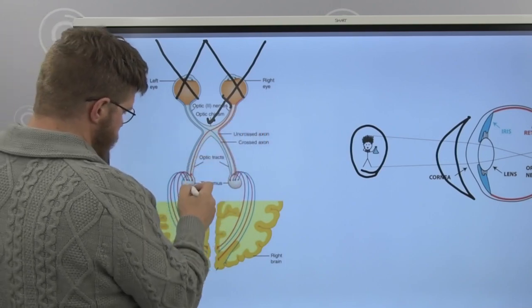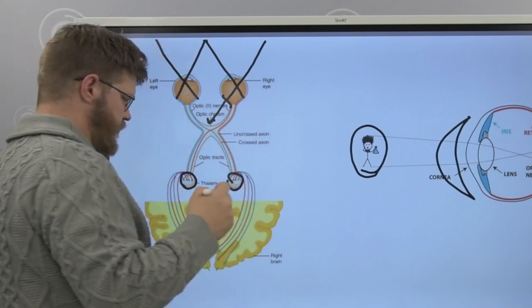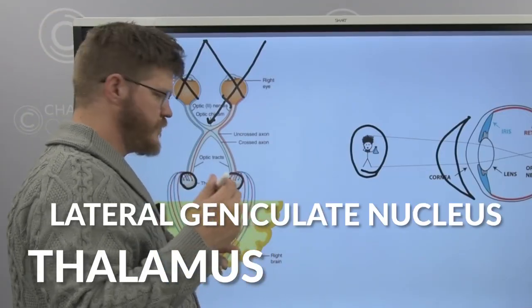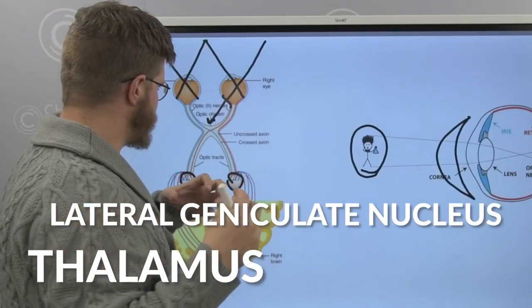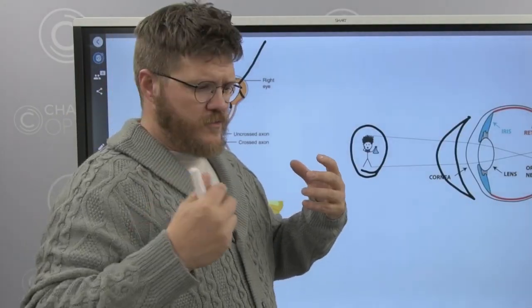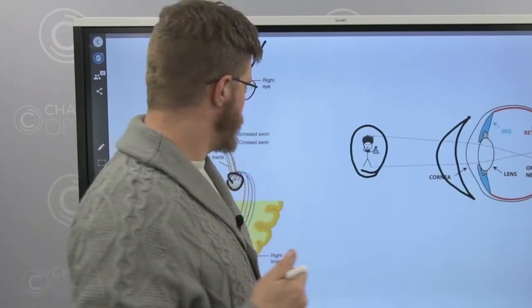Next stop is here, which is called a lot of things. Here it's labeled thalamus. It's also called lateral geniculate nucleus. Ultimately, it connects your visual data to your brainstem and some of your more basic human functions.